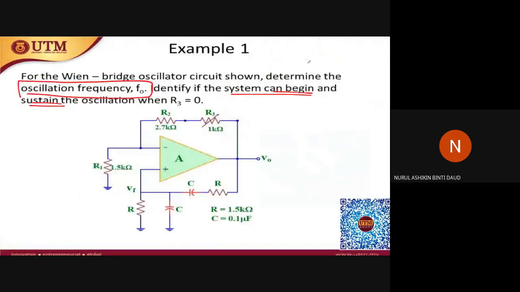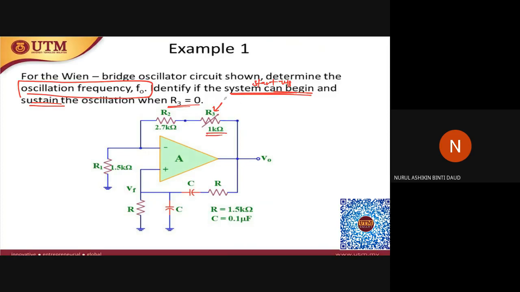So if we go back to this equation, it asks to identify if the system can begin, so the oscillation can start up, and sustain when R3 is equal to 0. To solve this, there is a potentiometer here, where the maximum value is 1 kilo ohm.